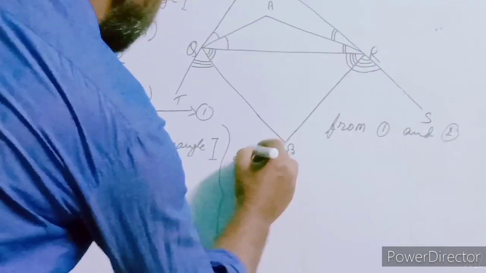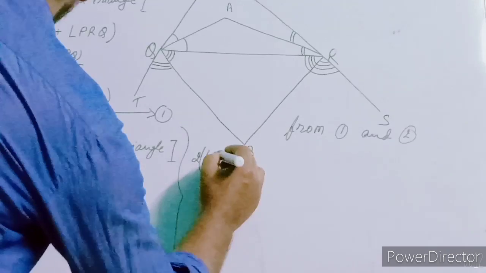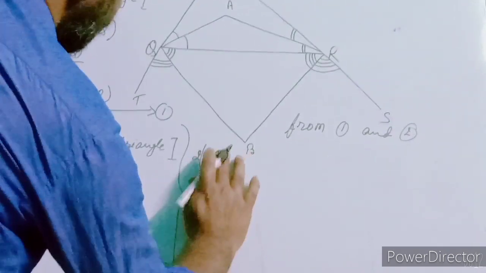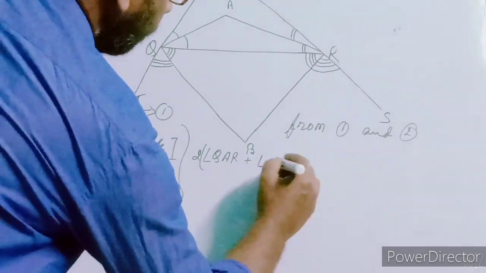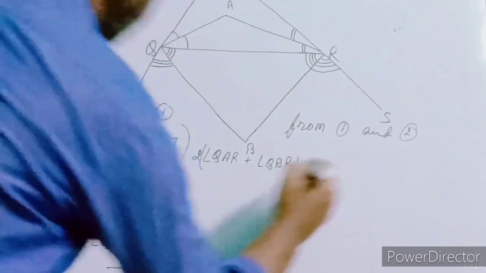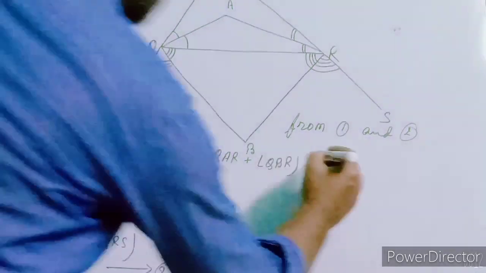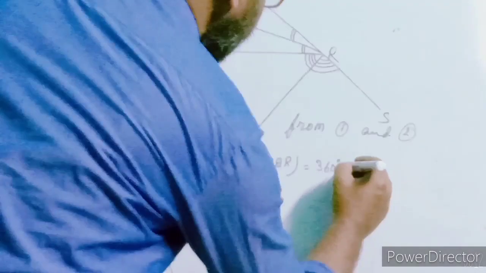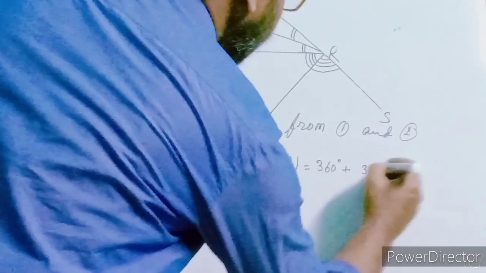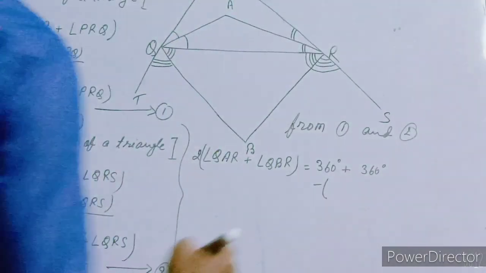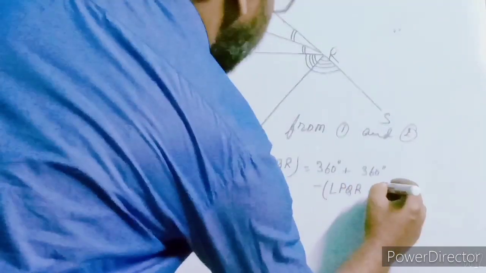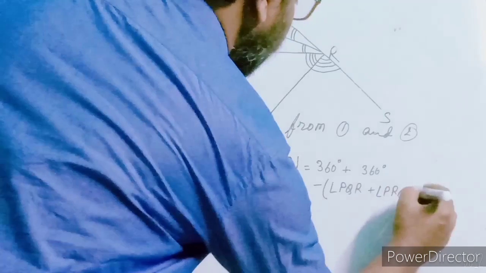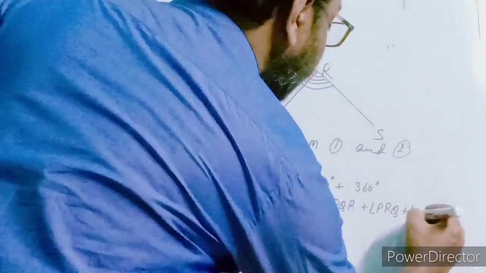So twice of angle QAR becomes common, QAR plus angle QBR equal to 360 degree plus 360 degree minus all these angles will be written together, angle PQR plus angle PRQ plus angle RQT plus angle QRS.